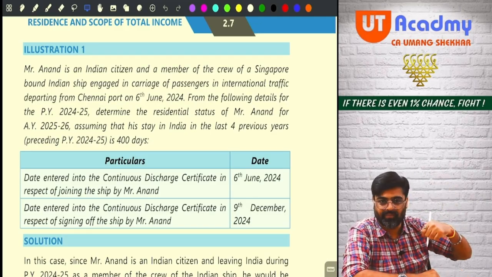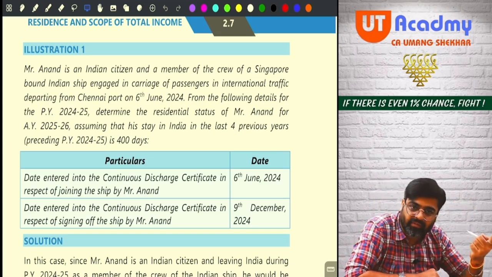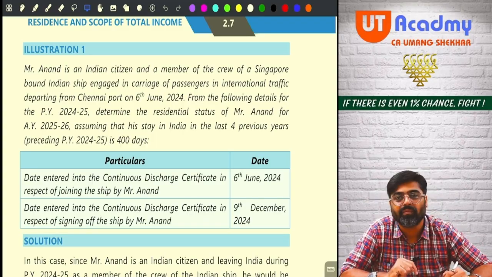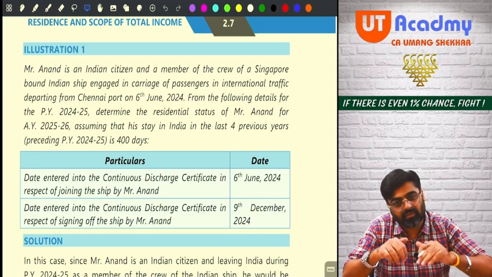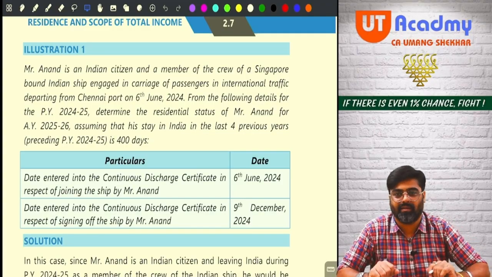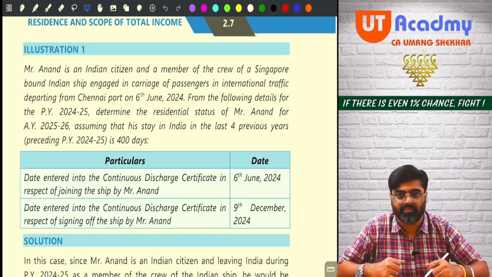What am I going to do? I am going to compute the total income in the assessment year 25-26, and that total income will be of the previous year 24-25, no? Previous year 24-25 means my current year only, where I will be earning the income.